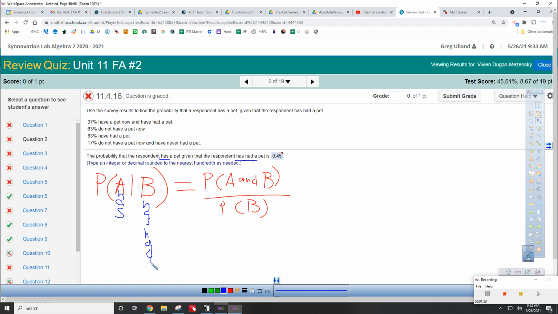So over here we need to find, was there somewhere they told us the probability that someone has had a pet and has a pet? That's this. And then on the bottom should be B. Well, B is has had. Well, has had changed to have had because of the way the English language works.